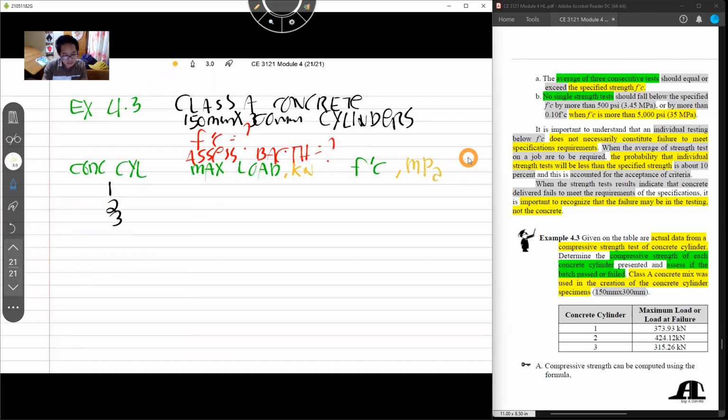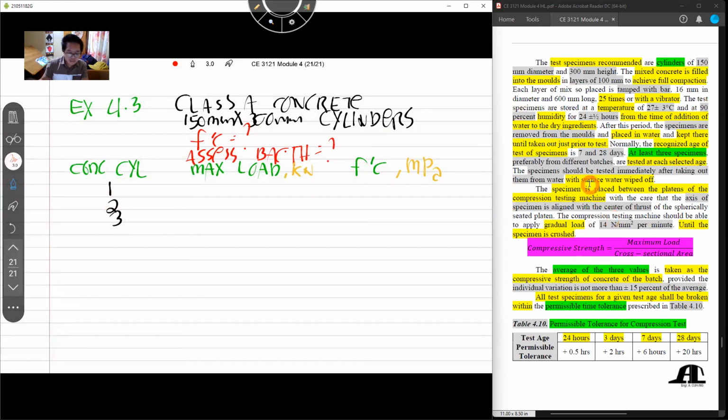Okay. So, working formula muna tayo, class. So, ano bang working formula natin? Diba? From yung previous class, diba? Ito. So, f'c equal to yung max load all over yung cross-sectional area.